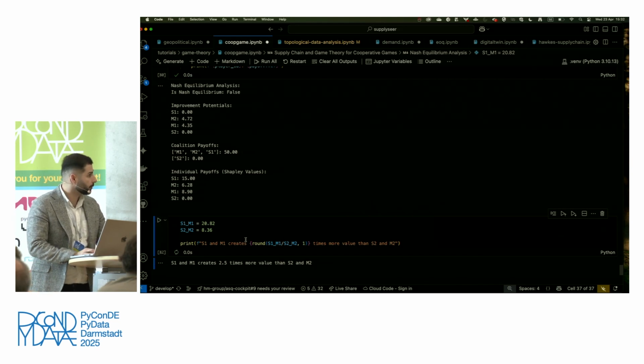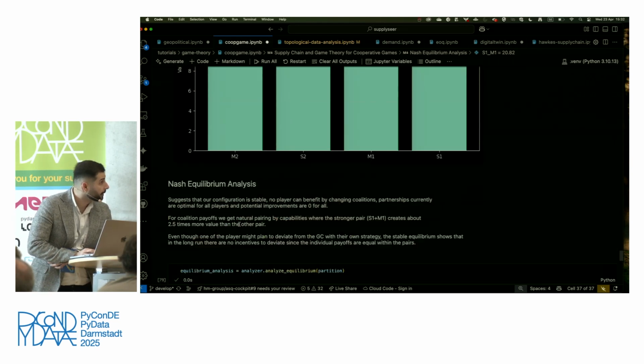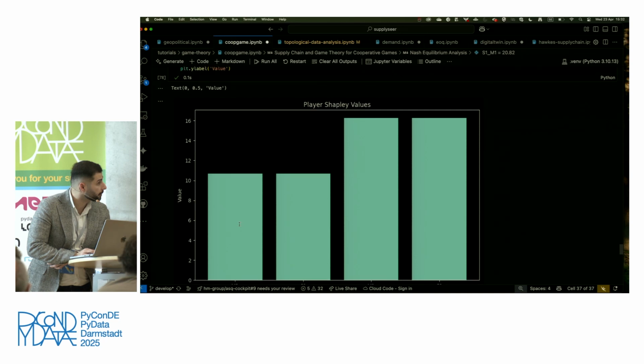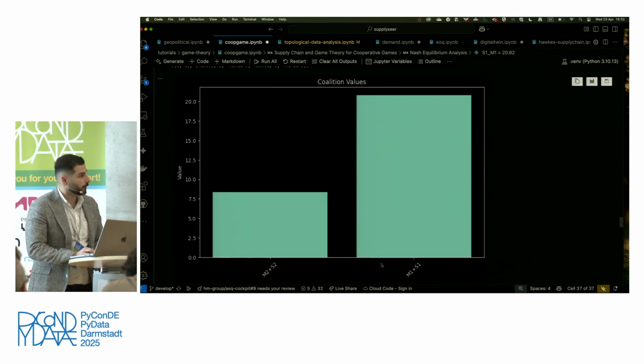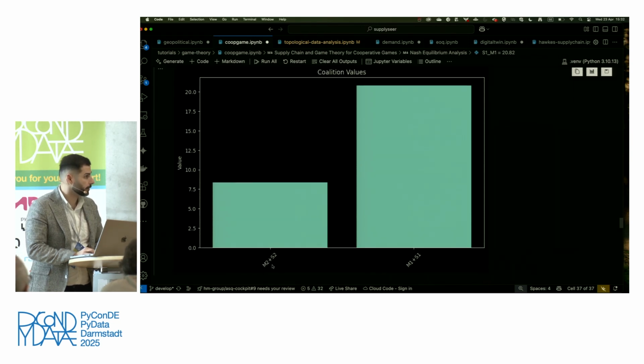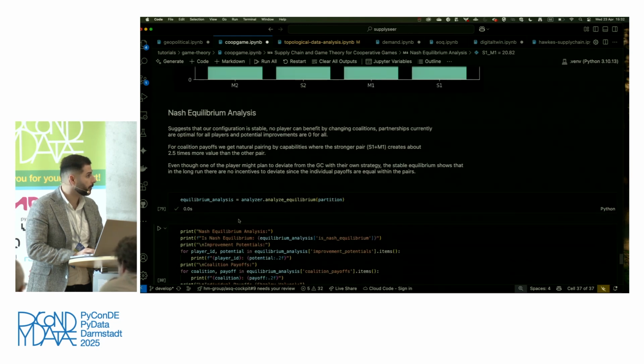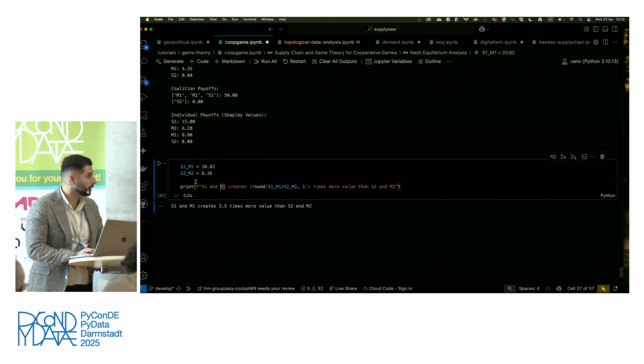What did that one come from? Okay, this is from the graph. So in this graph, let's see. In this graph here, manufacturer 1 and supplier 1 have about 21 coalition values. Manufacturer 2 and supplier 2 have about 8. And when we look at it from another perspective and say, what is the value creation they provide over the other one?